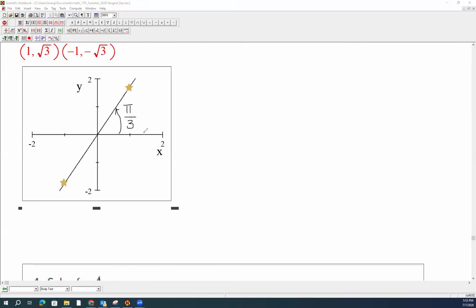So now in the end, our solution is pi over 3 plus k pi. Once again, k is any integer, meaning it could be plus 1, minus 1.